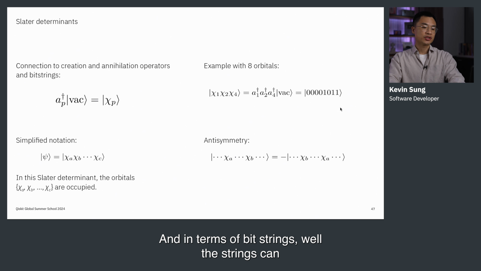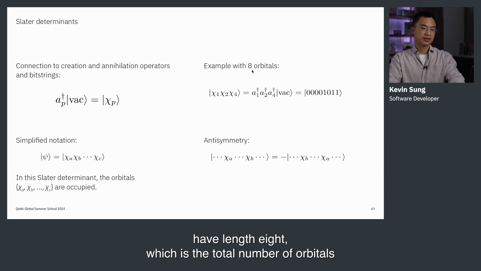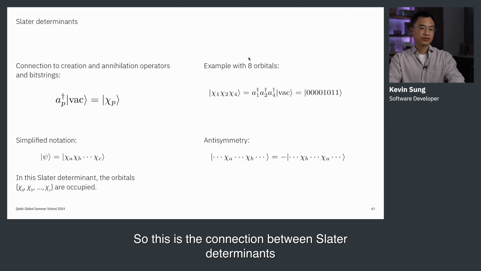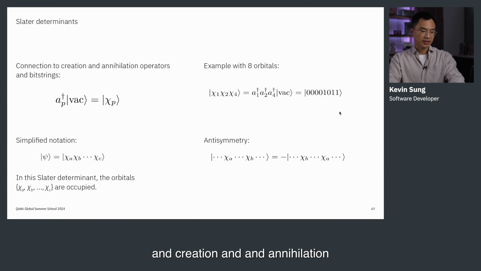And in terms of bit strings, the bit string is going to have length 8, which is the total number of orbitals, and bits 1, 2, and 4 are going to be set to 1, and the rest of them are going to be 0. So this is the connection between Slater determinants, creation and annihilation operators, and bit strings.